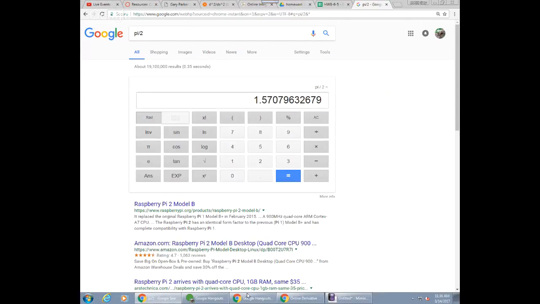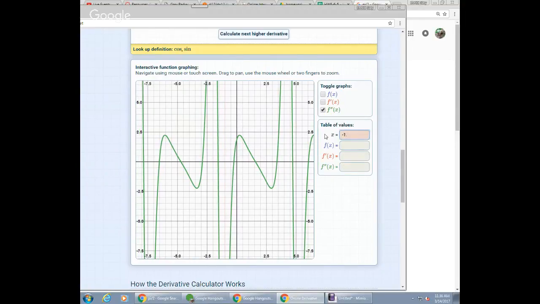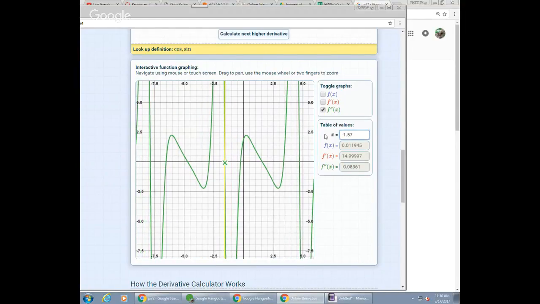So negative 1.57, I can't type today. Yeah, that's putting me right at that asymptote. 0.56. Interesting.